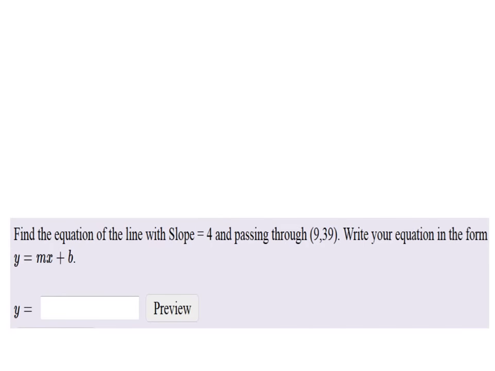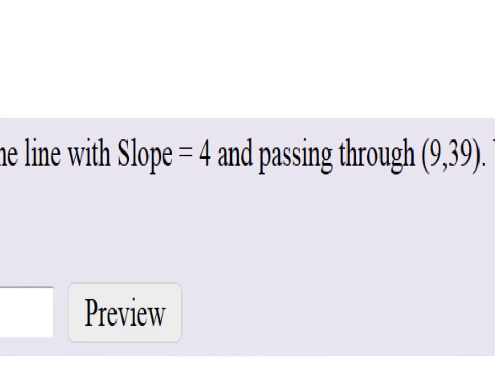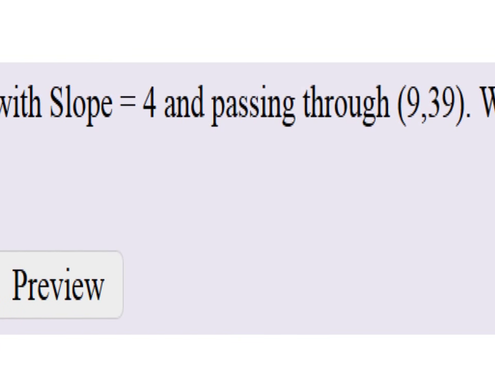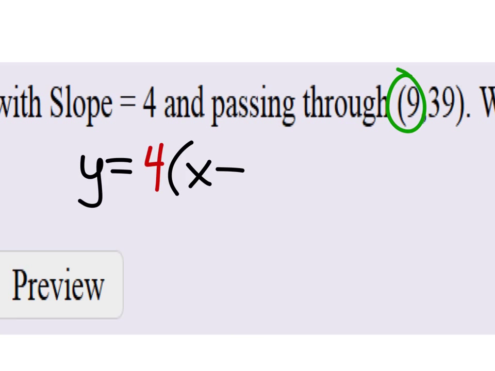We're not looking for parallel or perpendicular here. We're just looking for the equation of the line that passes through (9, 39) and has a slope of 4. So I got y equals my slope times x minus the x value they gave us, which is 9, plus the y value, which is 39.